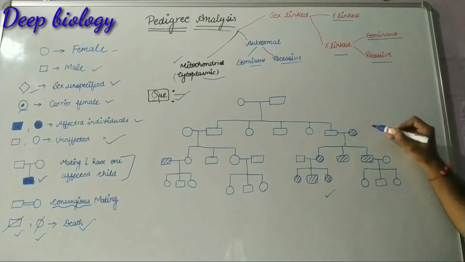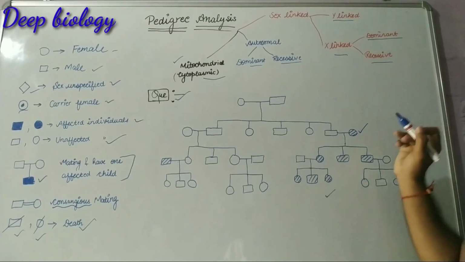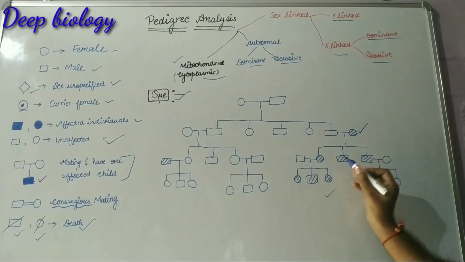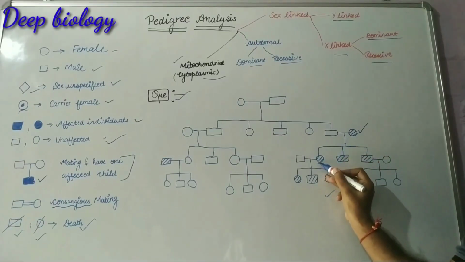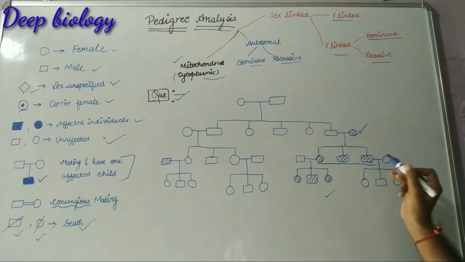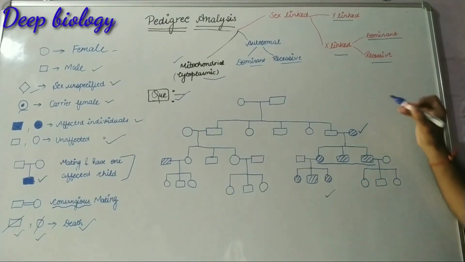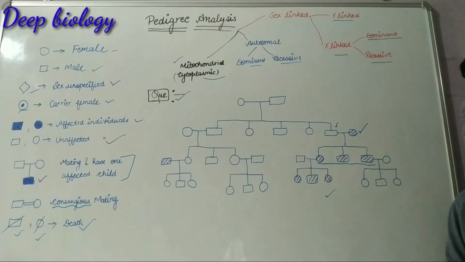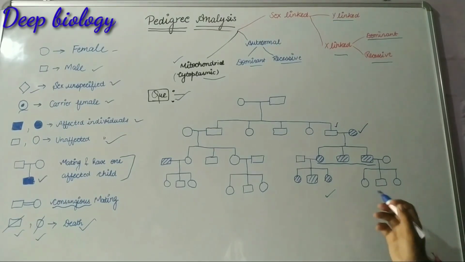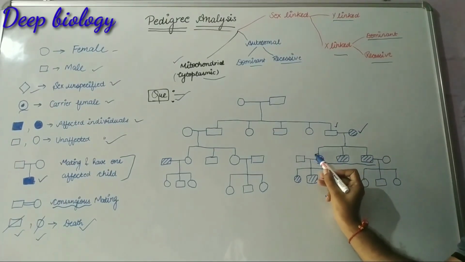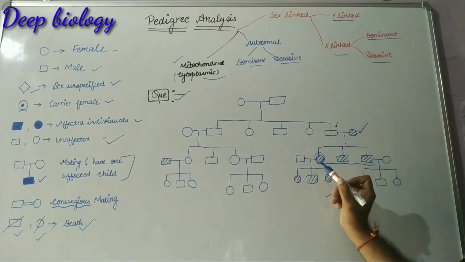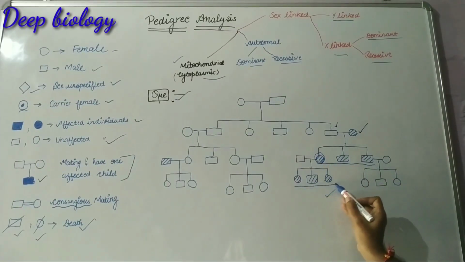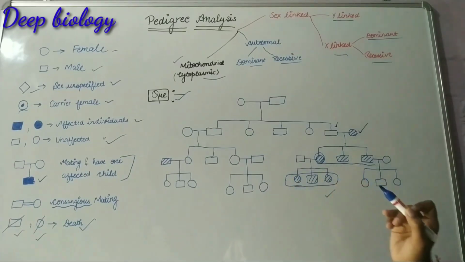For example, when the female has the trait, you can see that all of the individuals will have the trait, whether her male partner has the trait or not. In this case also the female has the trait, so it will pass the trait to all of the individuals.